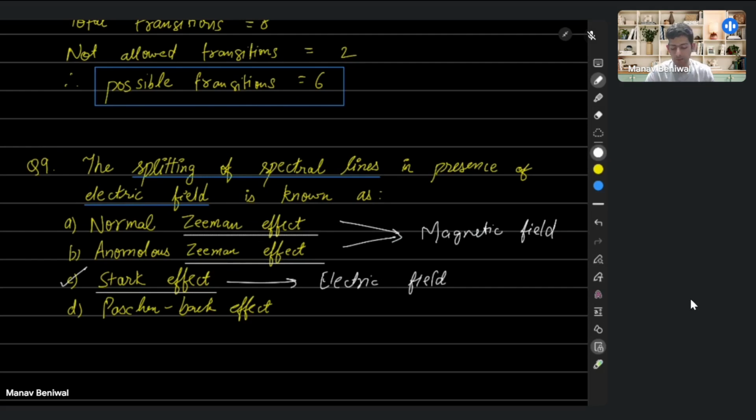Now what is Paschen-Back effect? This is a little less known. Some of you may not have heard of it. But this is a phenomenon, and it also happens because of magnetic field.